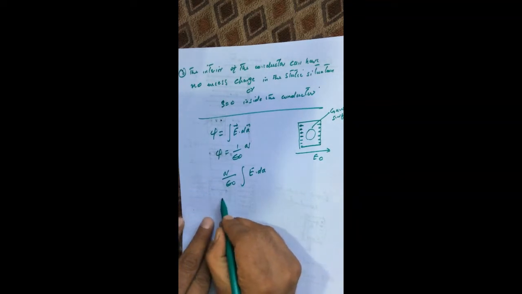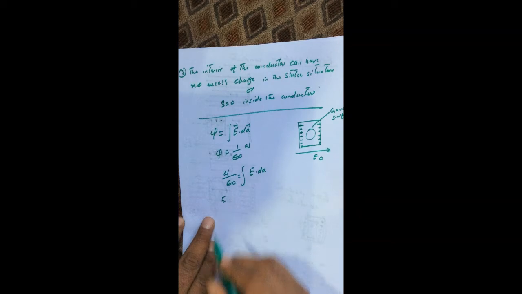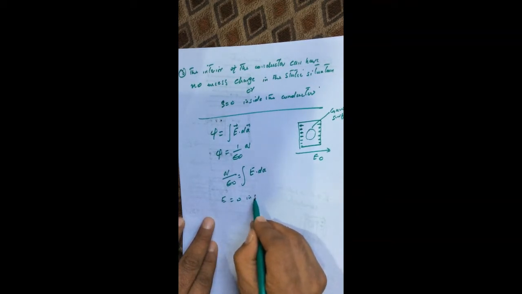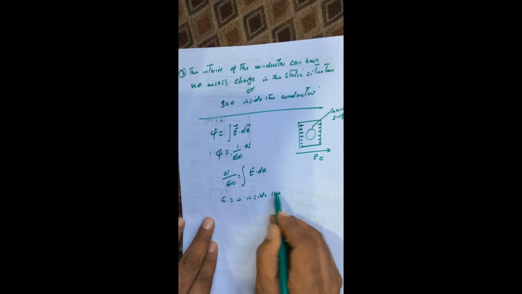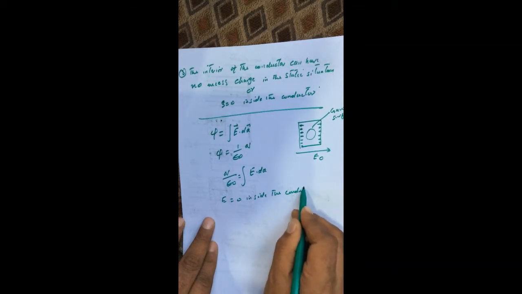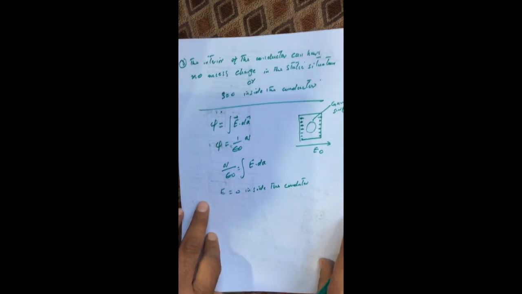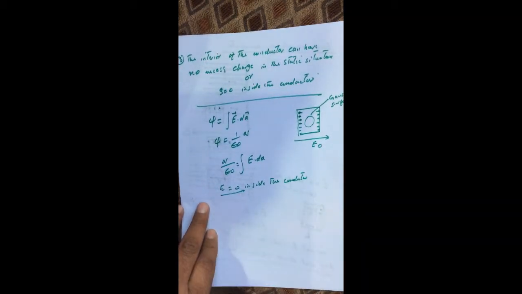Now E is equal to 0 inside the conductor, because this was the first property which we proved in the previous video.